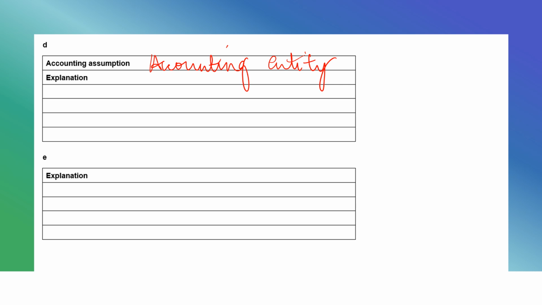Then you've got part E, which is assuming FIFO. Explain the effect on owner's equity at 31st of August if the transaction on 19th August had not been recorded. So what if this particular transaction of drawings would not have been recorded?